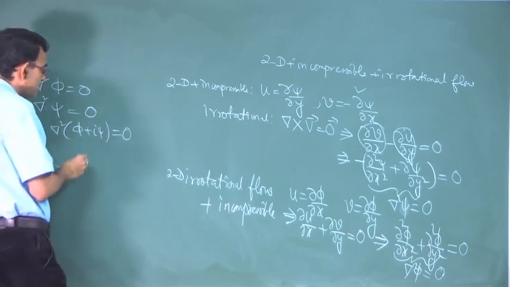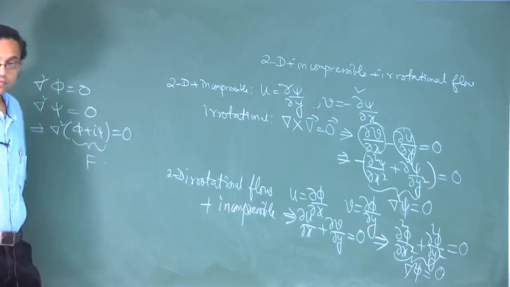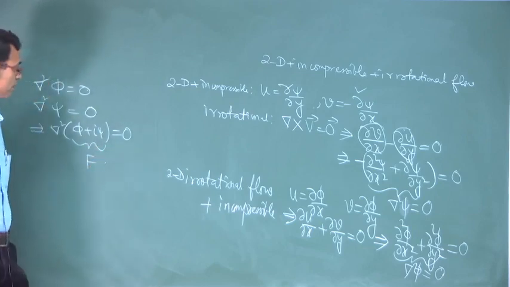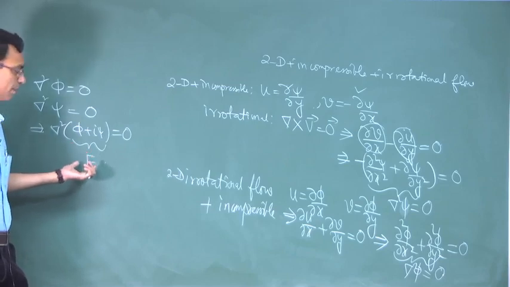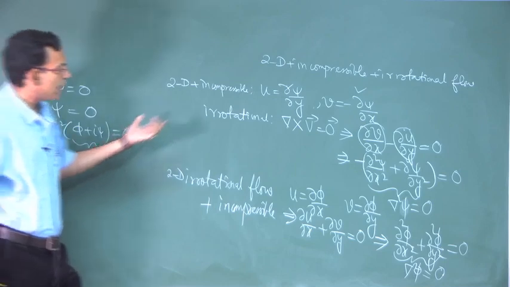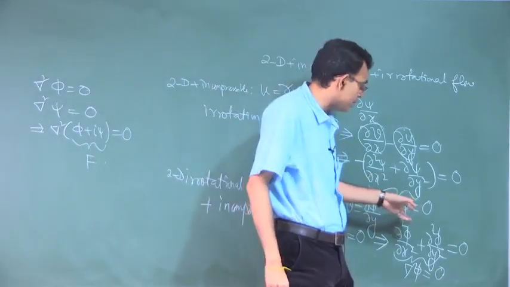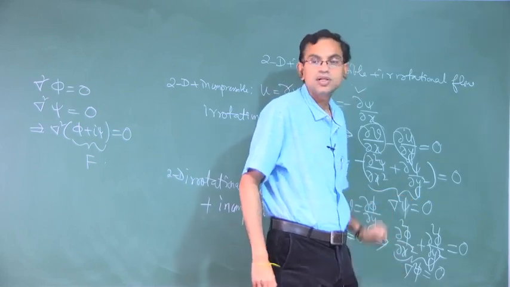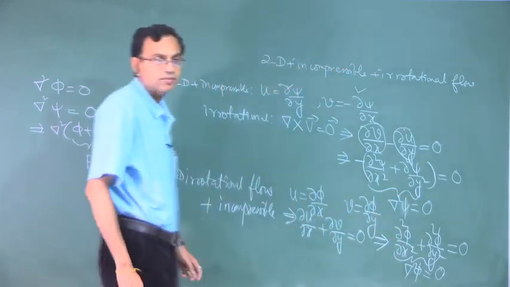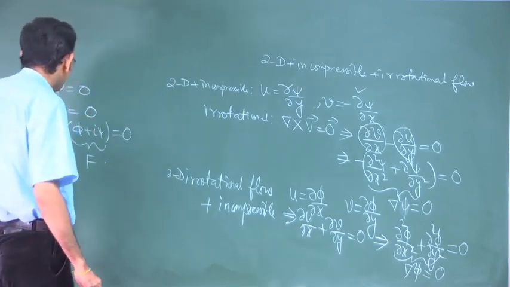So, that means we can use the complex potential function as a basis to capture the field variables phi and psi. Okay. This is number 1.